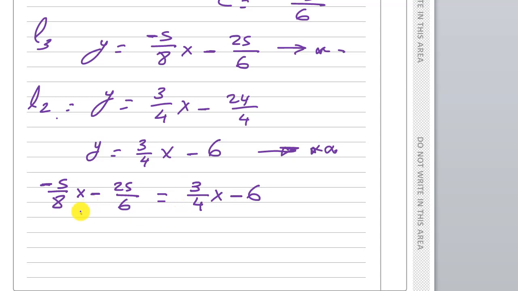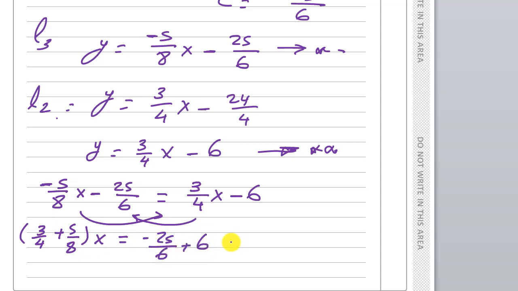Let us bring this part here and this part here. So 3 over 4 plus 5 over 8, x is equal to minus 25 over 6 plus 6. So from here, x, the x coordinate of S, is equal to, let us find this part.